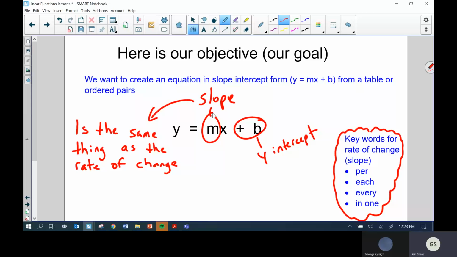There will be some questions on even a state test, even like your test next year, that's your state test for this class. Well, for algebra, not this class, but all of algebra. They may just put an equation up there and put a number where that m is, and they may just say, what's the rate of change in this problem?